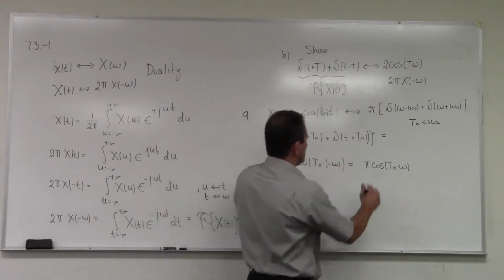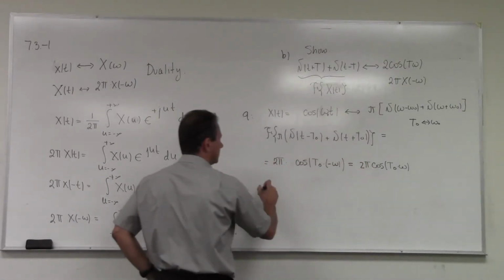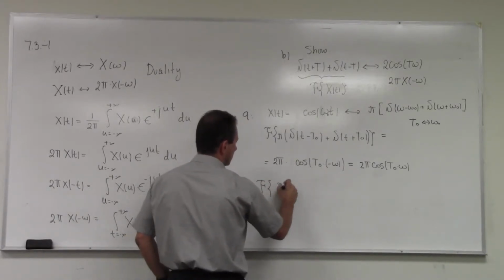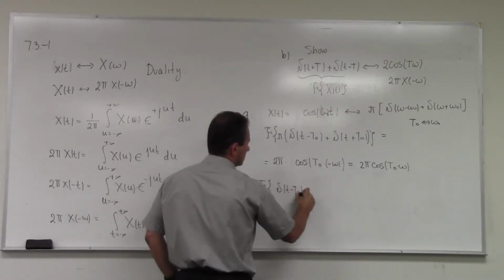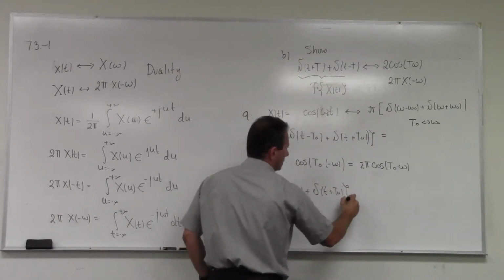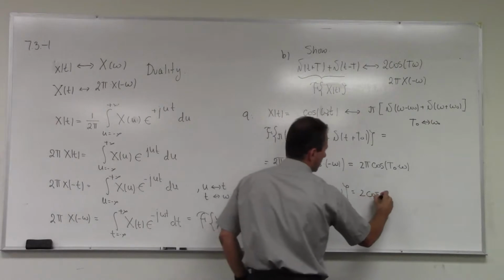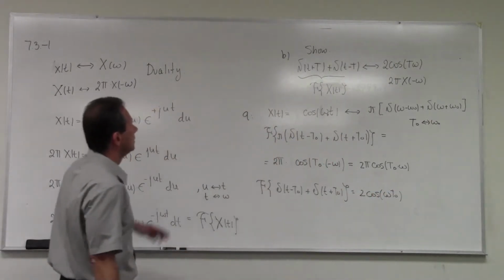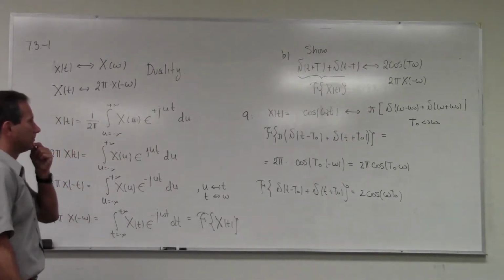So this is equal to this. And then if you eliminate pi on both sides, you get that the Fourier transform of delta t minus t0 plus delta of t plus t0 is equal to 2 cosine omega t0, which is the same as the statement we were trying to prove.